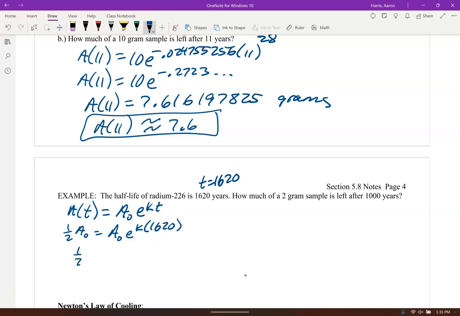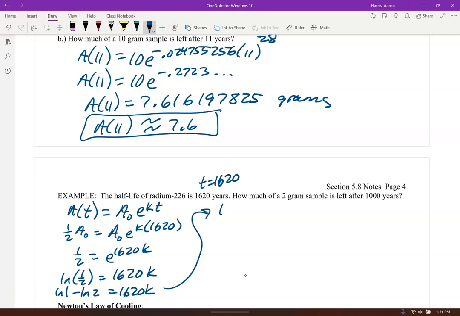Divide by A sub 0. Take the natural log of both sides. So the ln of a half equals 1620k. Remember, that's ln of 1 minus the ln of 2. ln of 1 is 0. So you have 1620k is negative ln of 2, because the natural log of 1 is 0, divided by 1620.